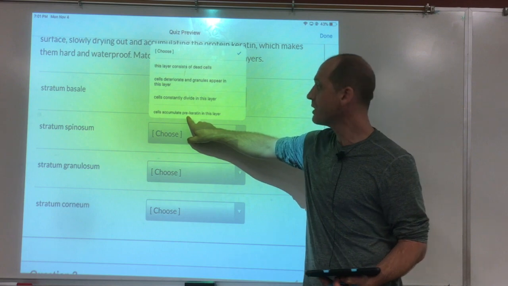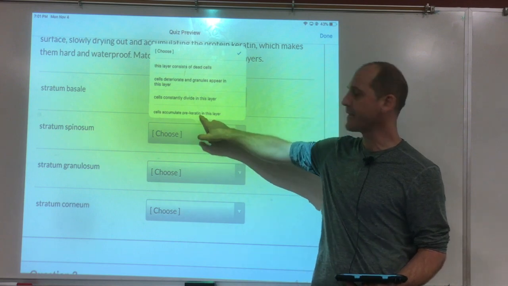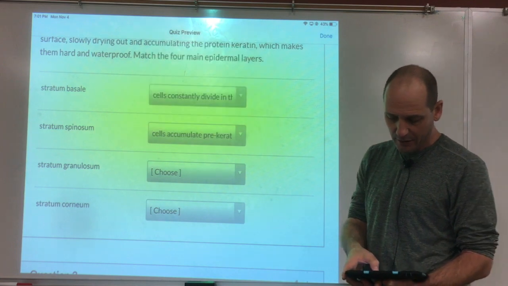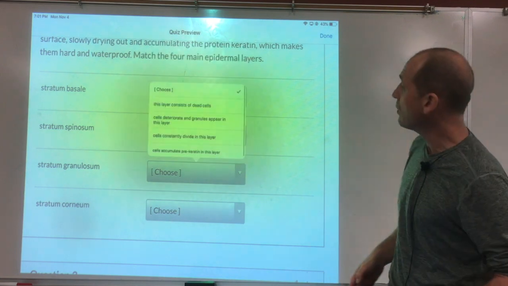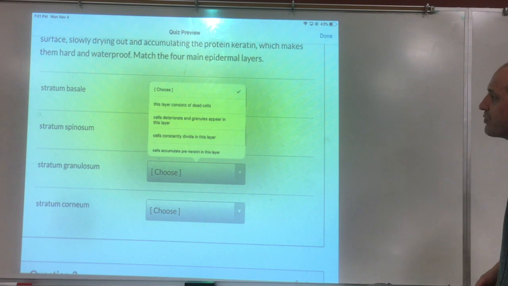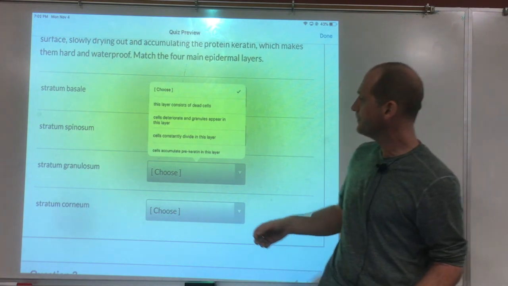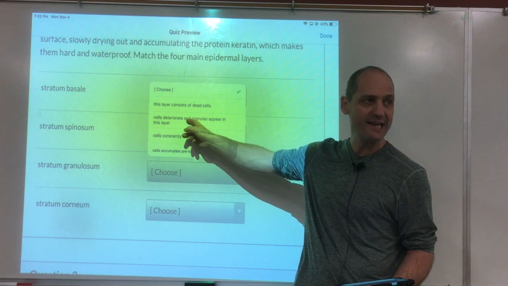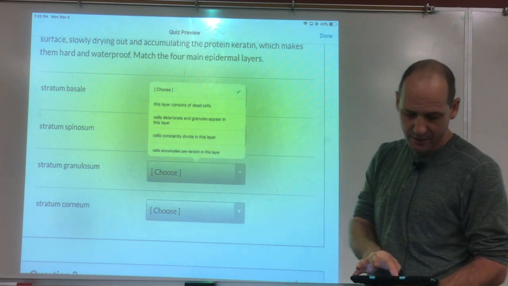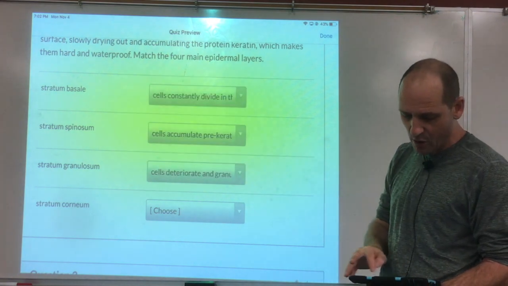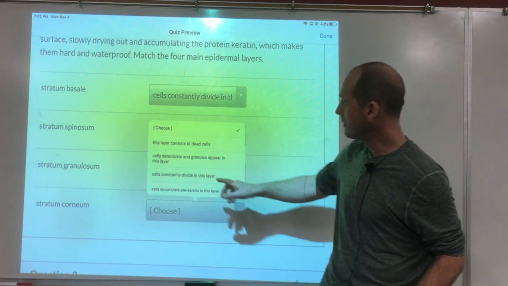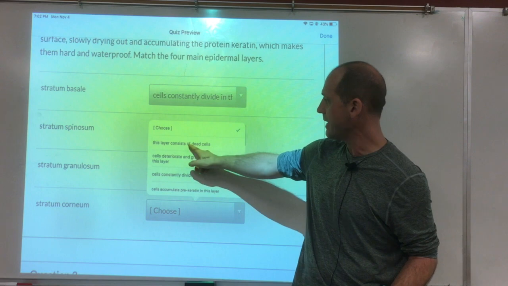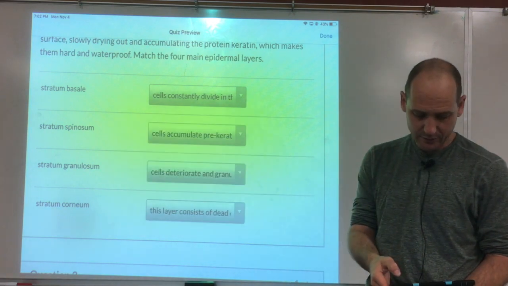That's where we start accumulating that keratin, which is ultimately what makes the skin, or that hardening thing, waterproof. And then we have the granulosum. Not quite to that yet, right? They're deteriorating. And then the last one is, where's that? There you go, the dead cells. Good, you got that.